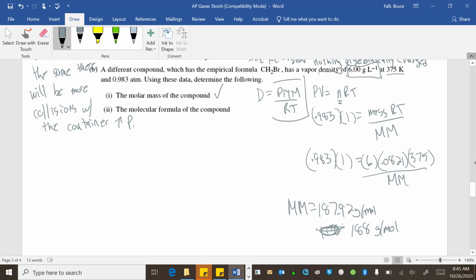To check the molecular formula, the empirical formula is CH2Br. I'm going to go to the periodic table. I'm going to have 12.01 for carbon plus 2.02 for hydrogen plus 79.90 for bromine, which is 93.93.